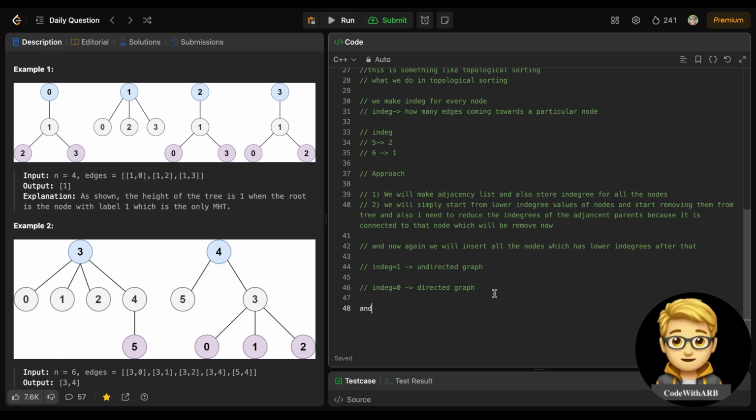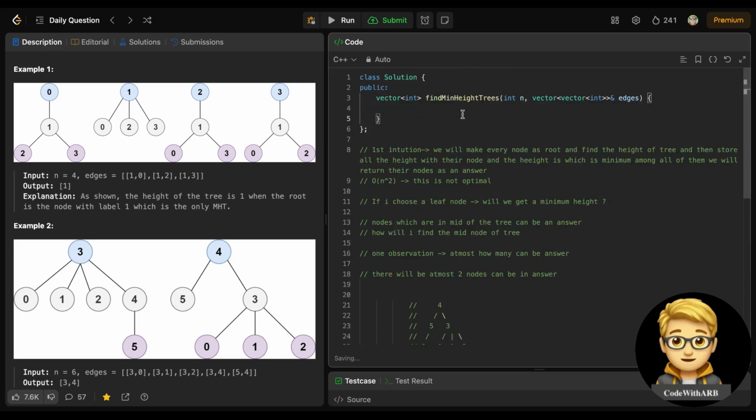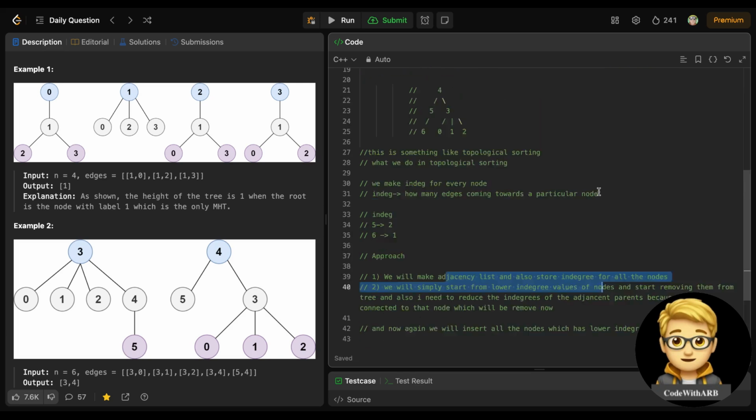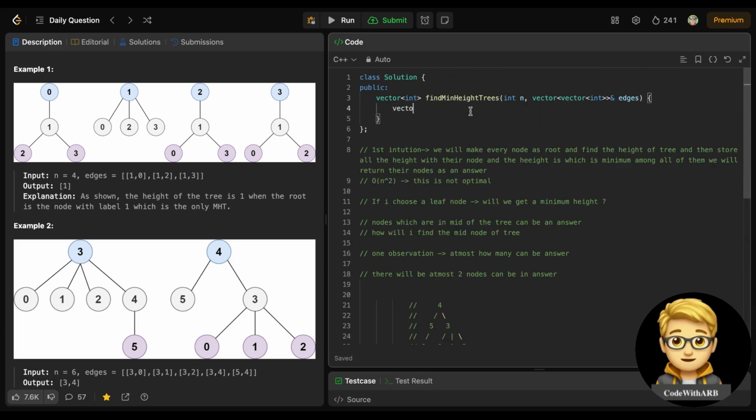And at last, at most 2 nodes will be my answer, right? So let's see how we will implement this. First we need to maintain an adjacency list and also an in-degree list.